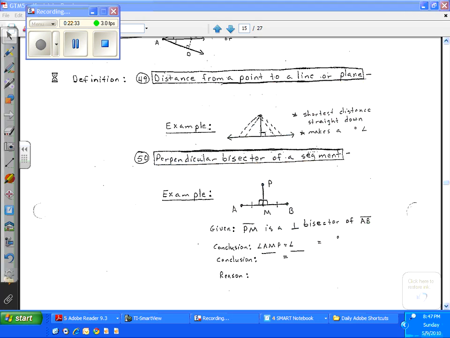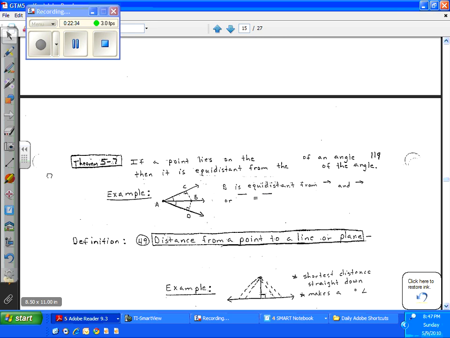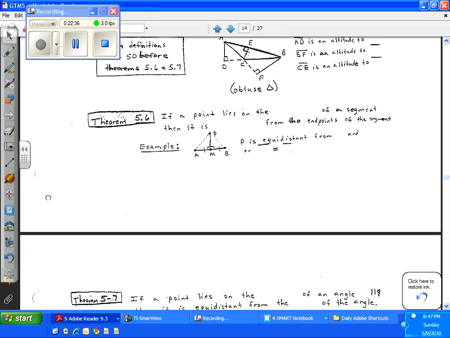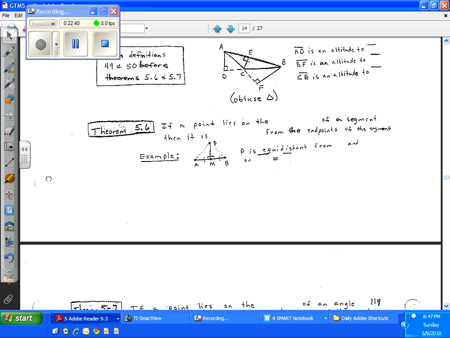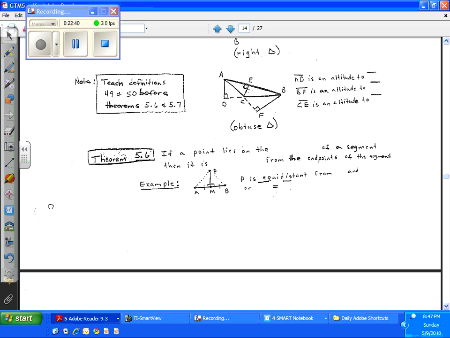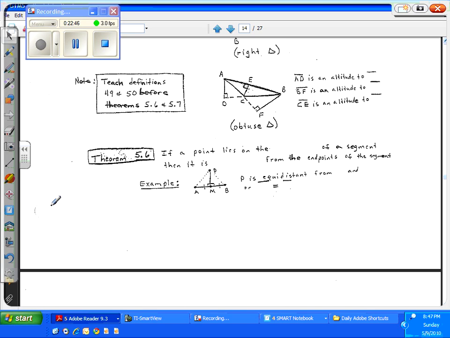So let's back up and pick up those two theorems, Theorem 5.6 and Theorem 5.7. Theorem 5.7 says if a point lies on the perpendicular bisector of a segment, then we can conclude that it is equidistant from the endpoints of the segment.